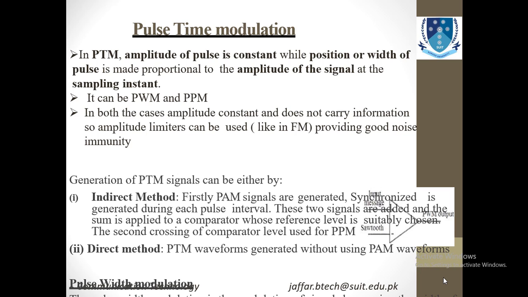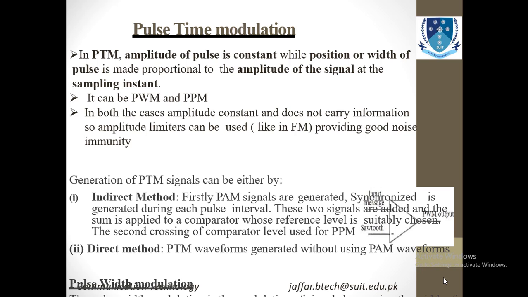Now you can get an idea from these wordings: pulse width modulation and pulse position modulation. In both cases, the amplitude is constant and the amplitude does not carry any information. So amplitude limiters can be used, just like in FM.